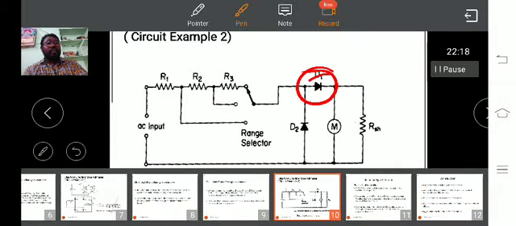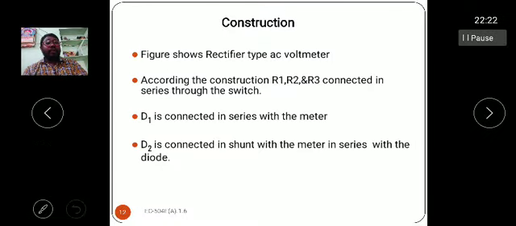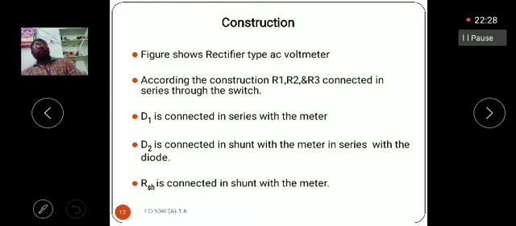D1 is connected in series with the meter, and D2 is connected in shunt with the meter, in series with the diode. The shunt resistance RSH is connected in shunt with the meter. This is the construction of the rectifier type voltmeter.